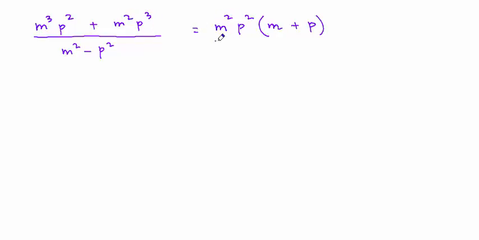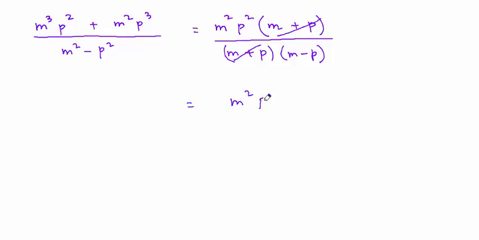All over, the denominator is the difference of two squares, so we can factorize that. m plus p is the common factor between the numerator and the denominator. Let's cross that off, and our final answer is m squared p squared over m minus p. That's the simplified form of this.